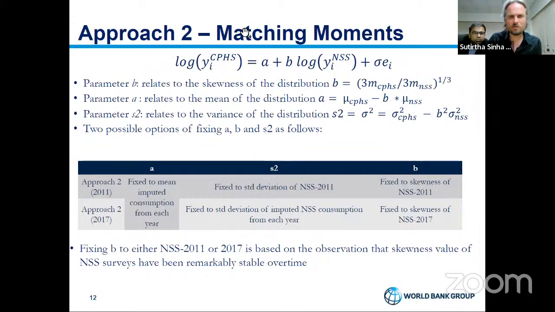I appreciate the effort to compare it to NSS 2011. That is absolutely correct. However, we're not using estimates of the first and second moment from the 2011 NSS. So that's a good point.